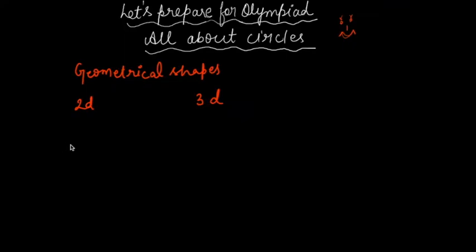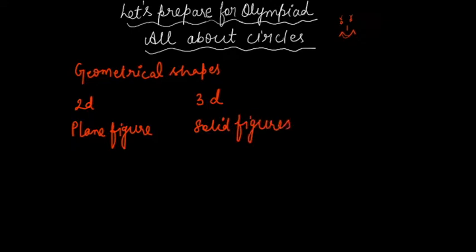Two-dimensional figures are plane figures and three-dimensional figures are said to be solid figures. Examples of plane figures are the circle, square, rectangle, and triangle.